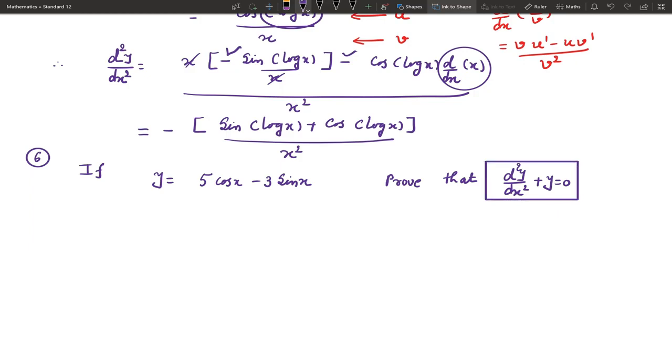Y is given, we have to derive this result d2y by dx2 plus y equal to 0.